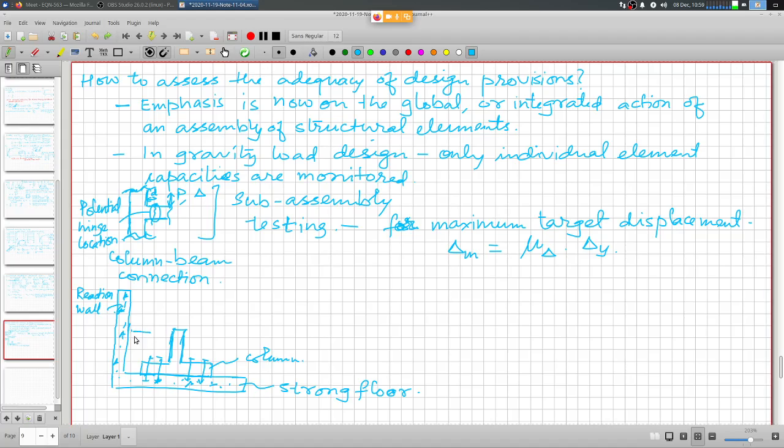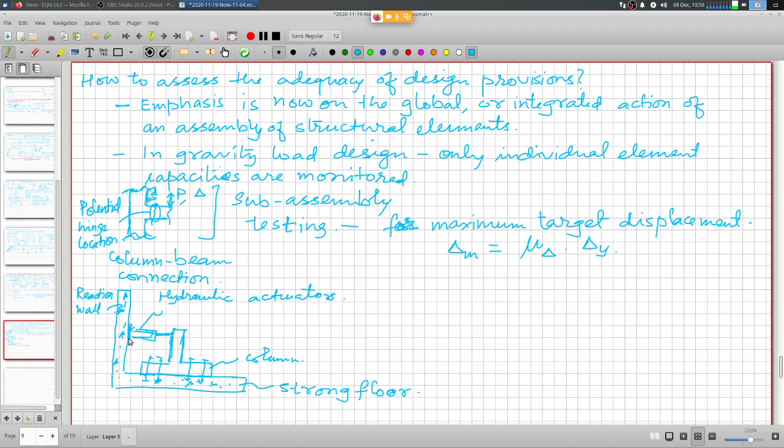And then there are these actuators anchored, and these are attached to the beam. Hydraulic actuators.